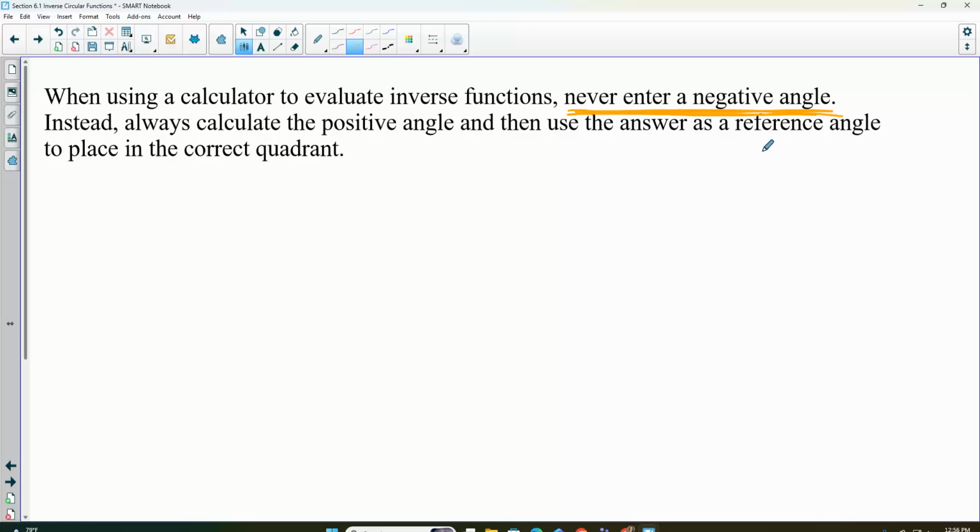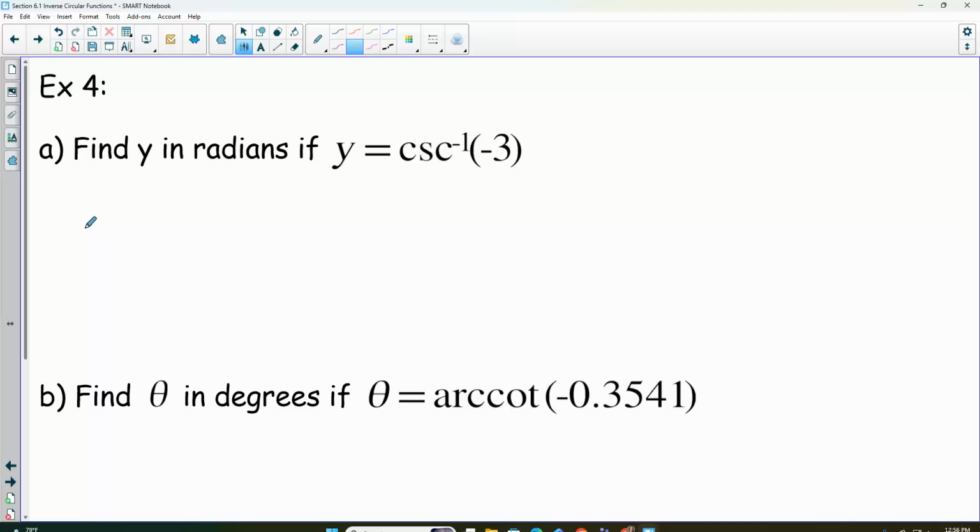So let's try a couple of these. Find y in radians if y is equal to the cosecant inverse of -3. What I want you to do is, we know cosecant inverse could be 1 or 4.